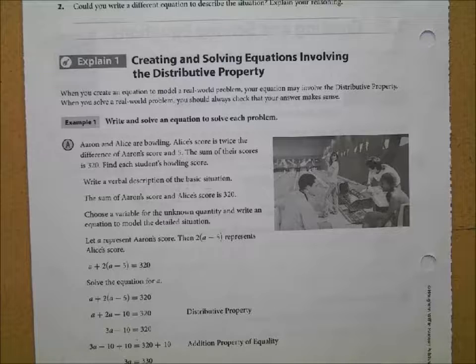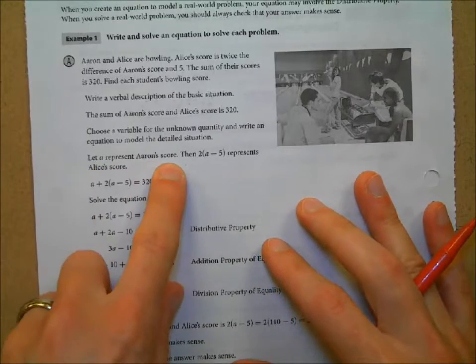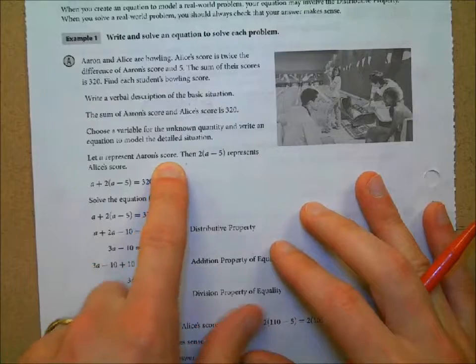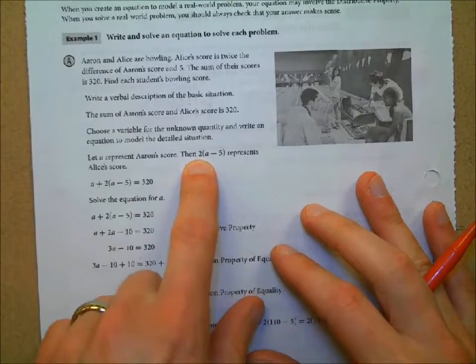Now you may remember from previous classes about writing 2 equations for a single situation. We're not going to do that here. We don't need to, because we're going to use Aaron's score as our variable. So you can see here we're going to let A represent Aaron's score. Then 2 times A minus 5 will represent Alice's score.